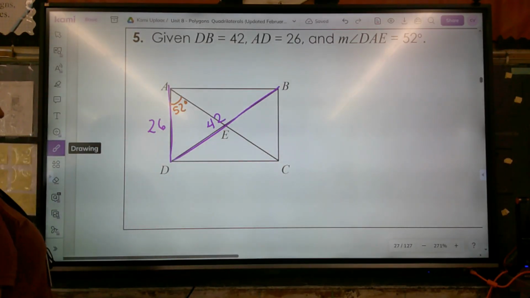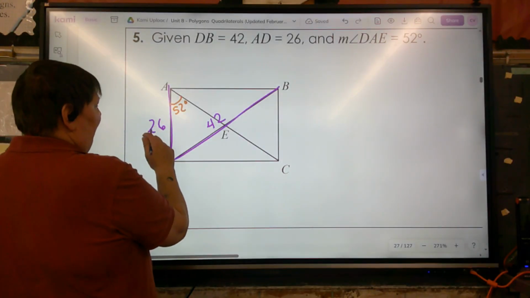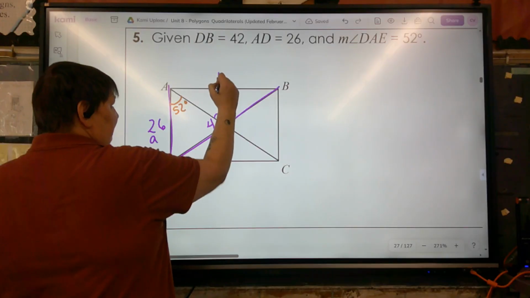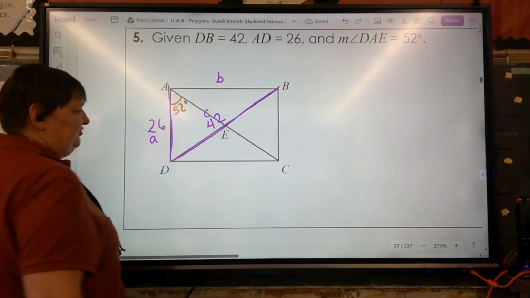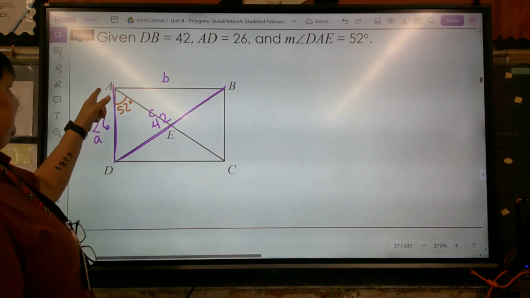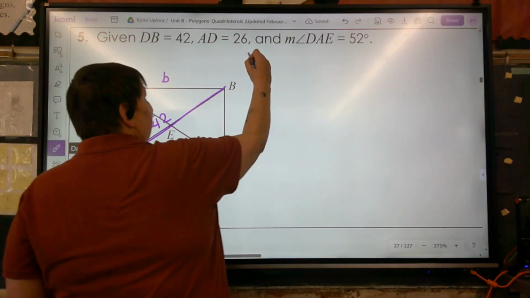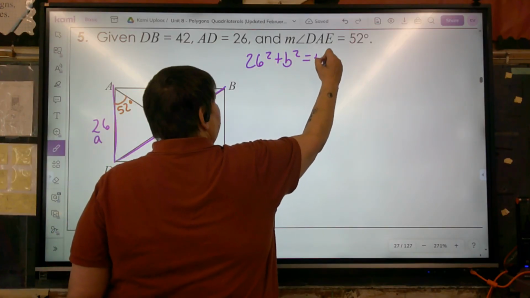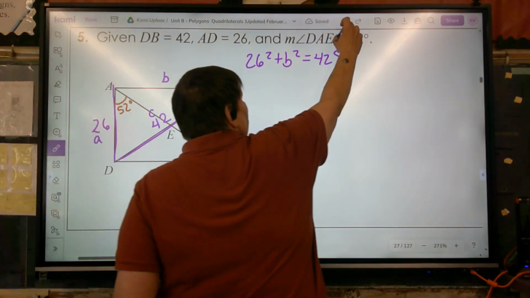Let's start with the outside. Let's start with the distance. We know A is 26. We don't know B. A squared plus B squared equals C squared. And C is 42. Let's see if we can use that to figure out what this distance is, because that would be helpful. So 26 squared plus B squared equals 42 squared.